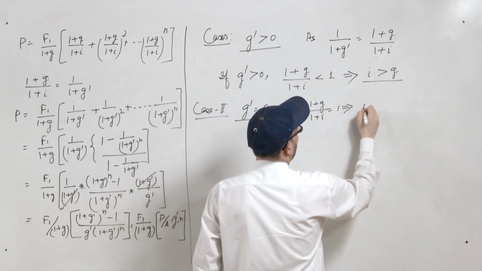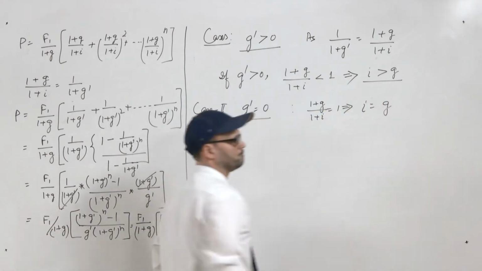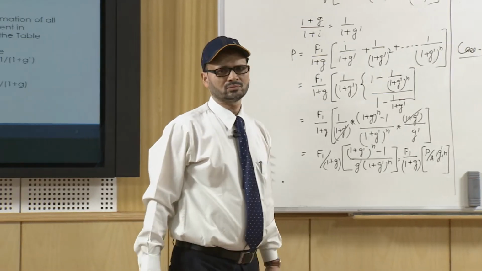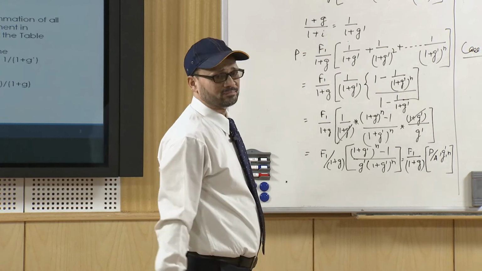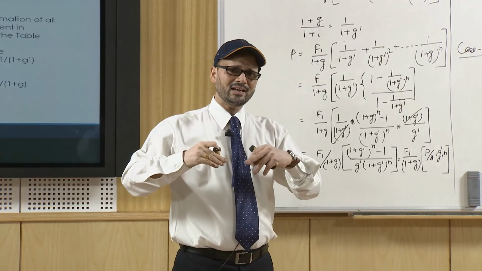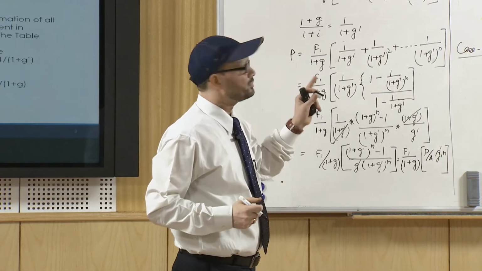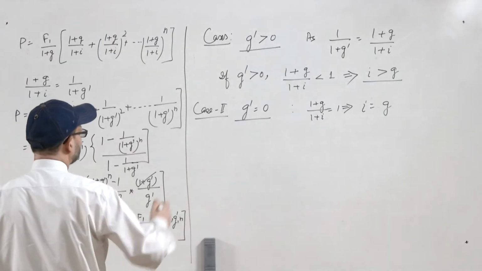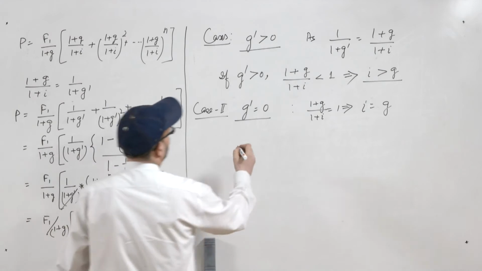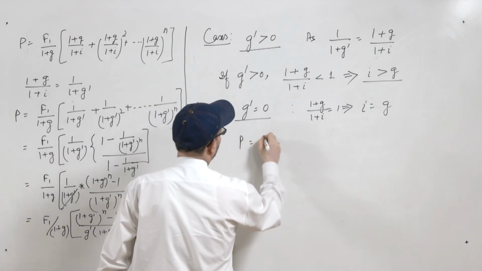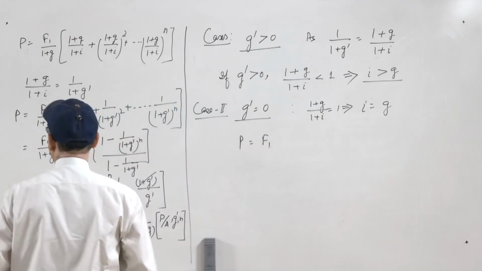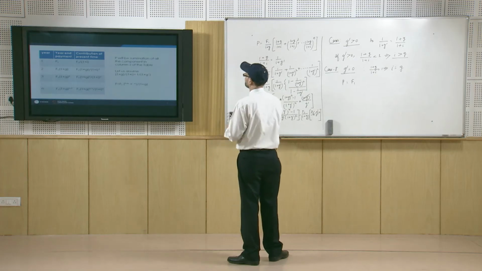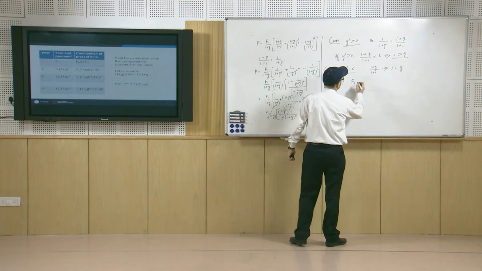This implies i will be g. Now, in this case, when i and g are equal, your g prime becomes 0. Now, in this case, as we see, P will be f1 multiplied by n divided by (1 plus g), that is, P equals f1 times n by (1 plus g).